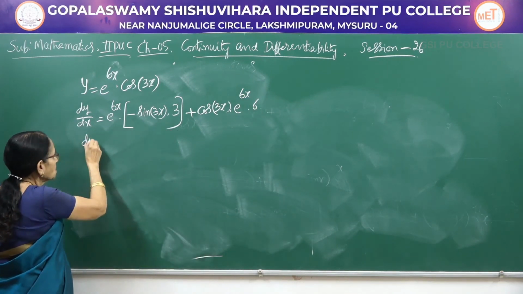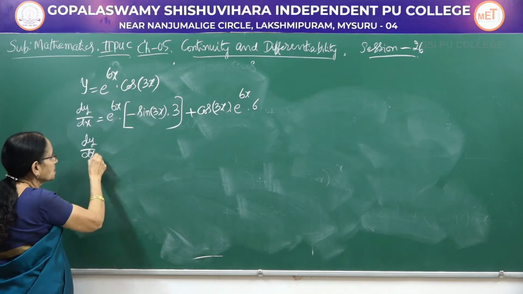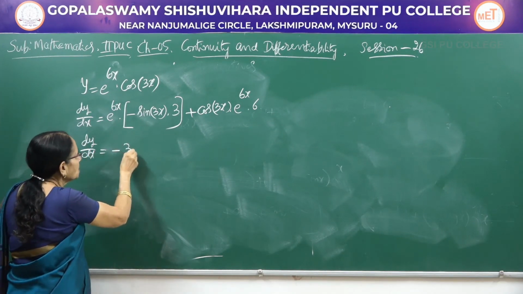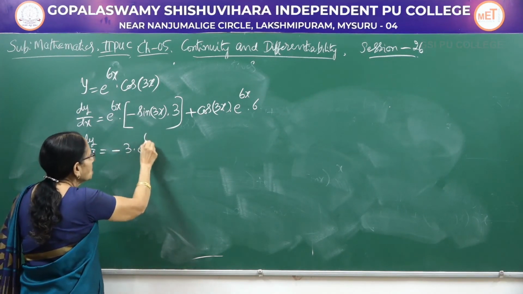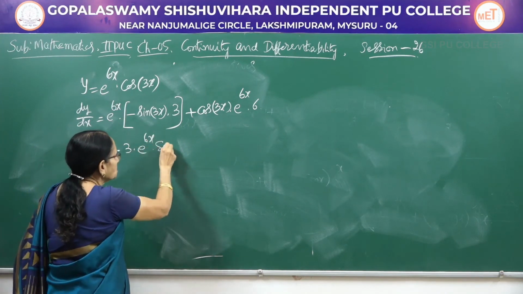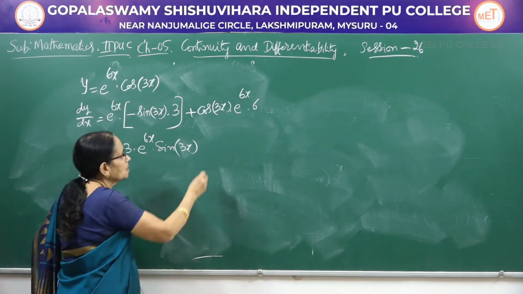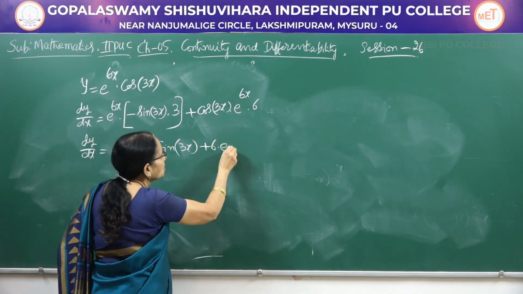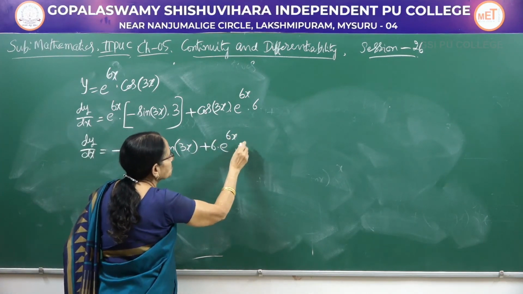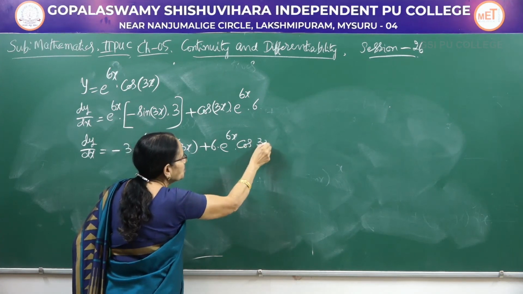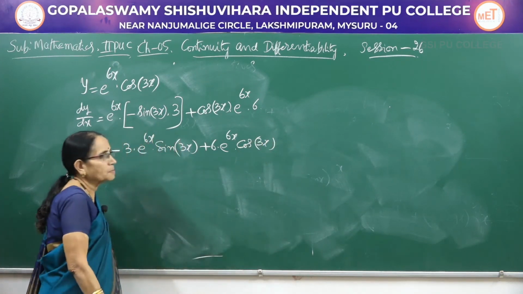That is, dy by dx would be equal to minus 3 into e to the power 6x into sin of 3x, and the second one plus 6 into e to the power 6x into cos of 3x.